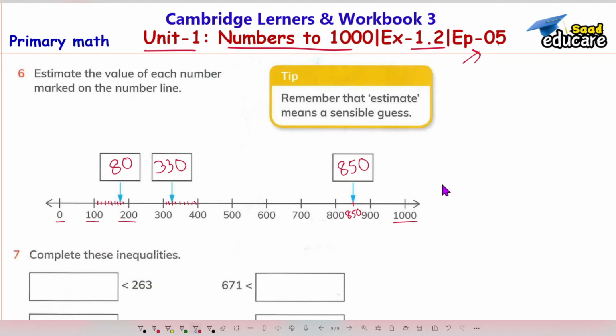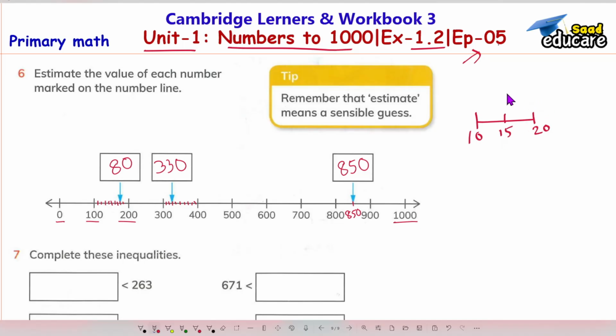It's not so hard, but an estimate is a sensible guess. Like here is 10 and here is 20. If anybody asks what the number is here, it looks like 15.